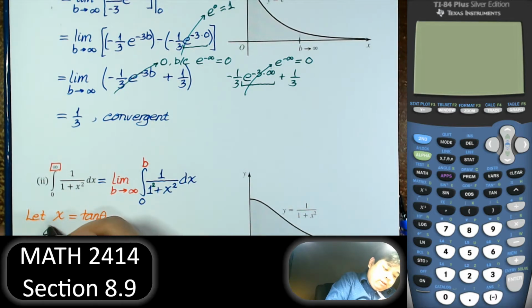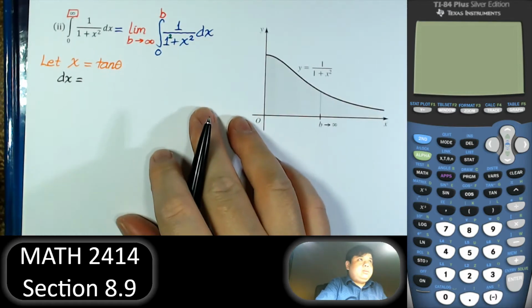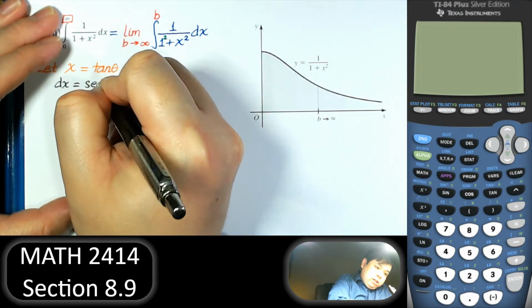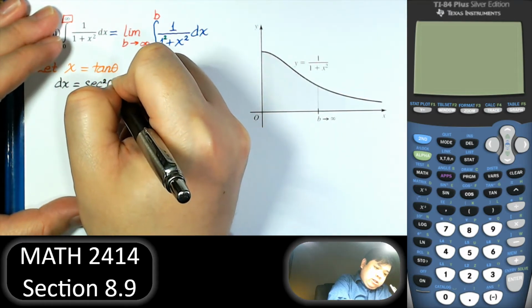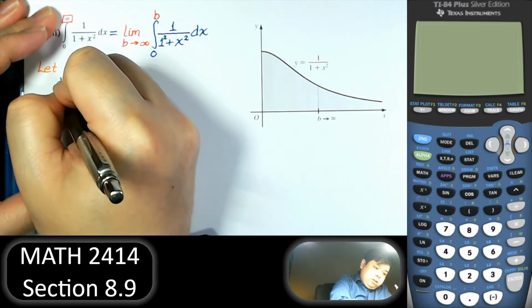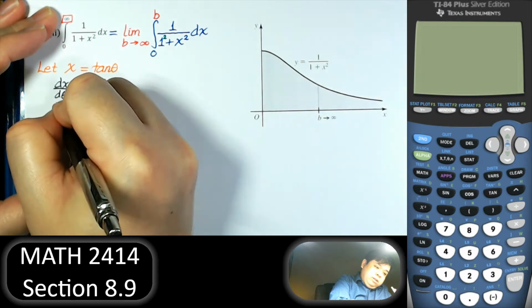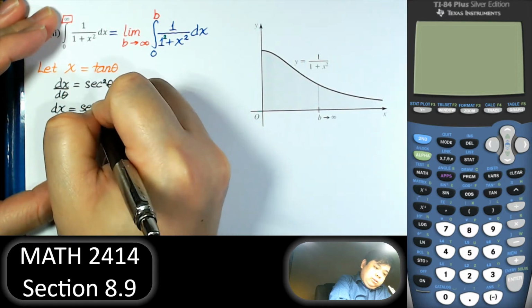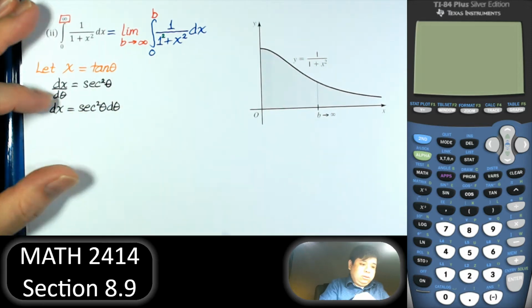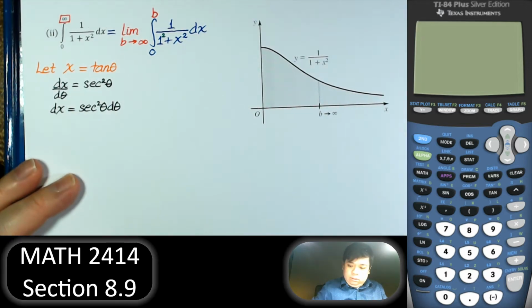Take derivative. Derivative of tangent is secant square. And move the d theta over. Right, so we have that.